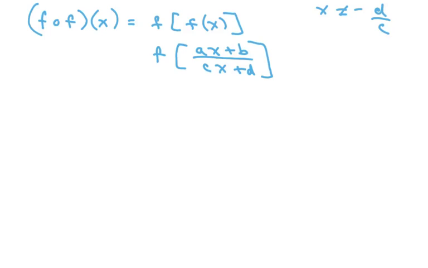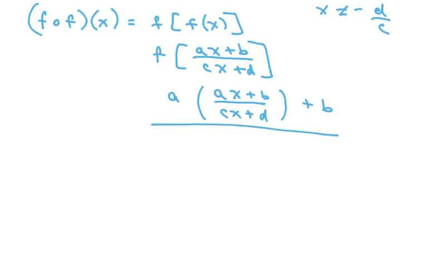Now we have to compose it again, so we're going to have a times ax plus b over cx plus d plus b over c times ax plus b over cx plus d, and this is plus d.